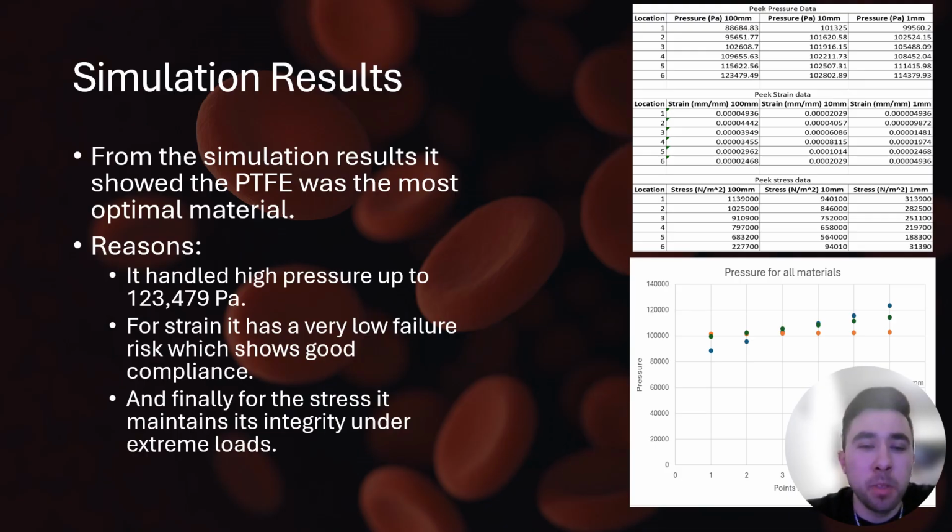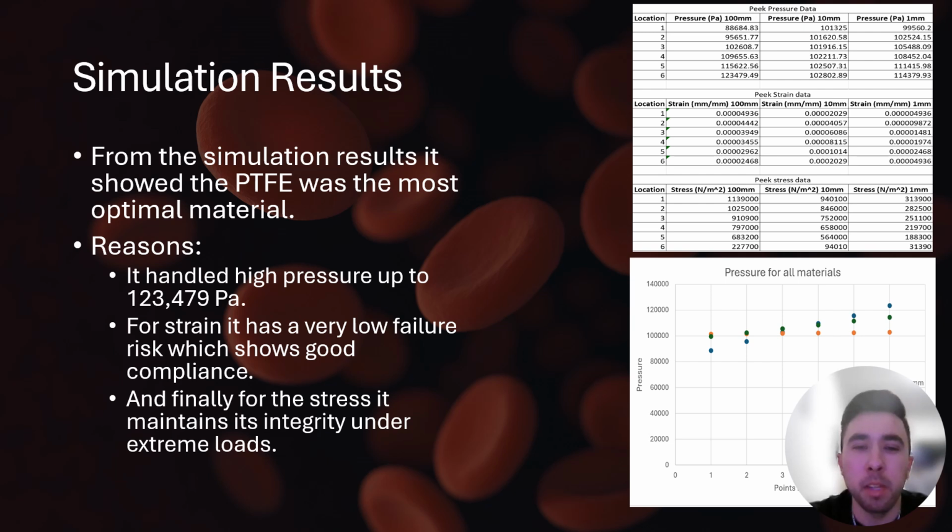So in this slide, I'm going to explain my simulation results. PTFE was chosen as the optimal material for artificial blood vessels due to its superior performance in several critical areas. It demonstrated flexibility, allowing it to closely mimic the natural compliance of arteries and maintain smooth blood flow dynamics. PTFE also exhibited the highest resistance to stress and strain, ensuring its durability under both standard and extreme pressure conditions.